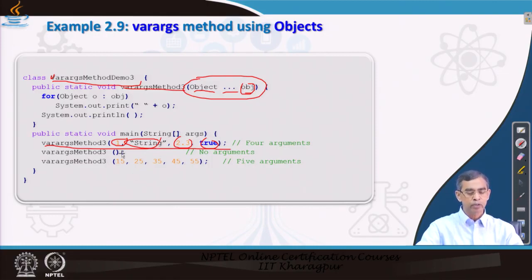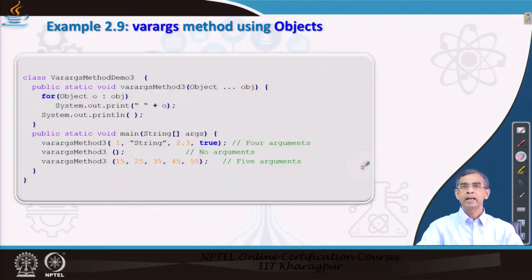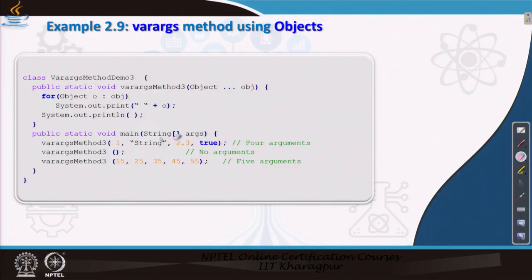This method we also call with no parameter passed, and here the method is called with 5 parameters passed as arguments, all of the same type. So, this is quite a versatile concept. A method can be declared in a generic way and it can be called with any number of arguments, of any type.